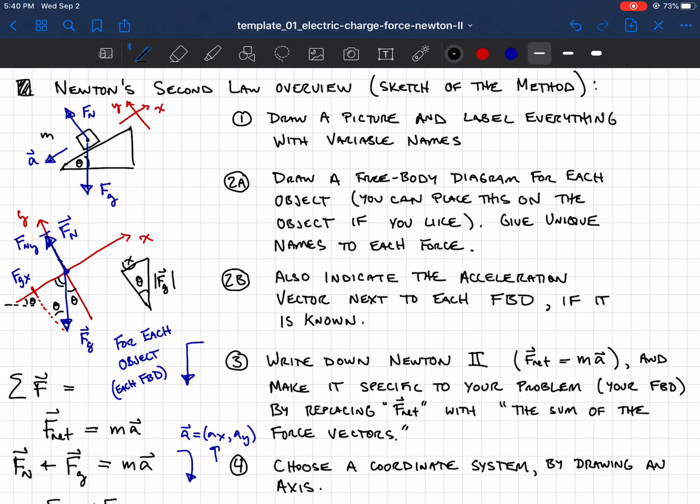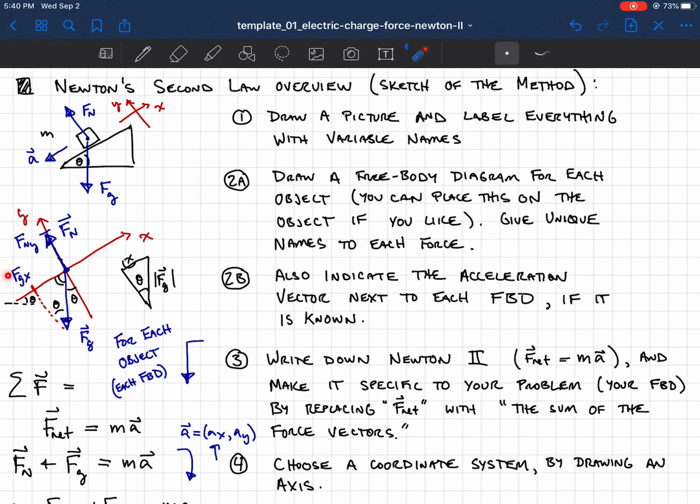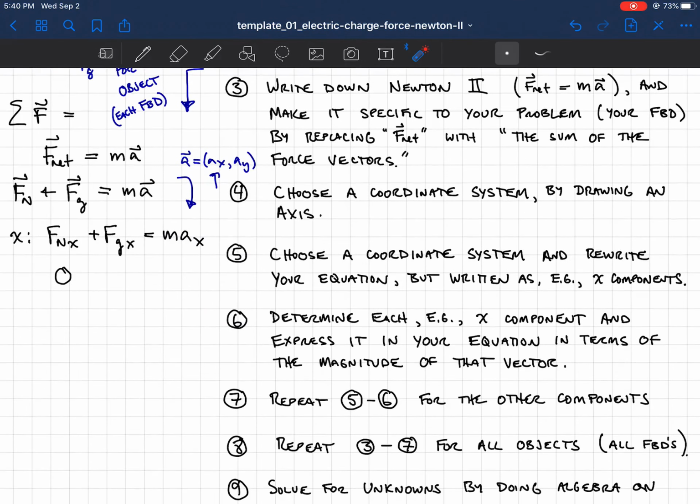So you can see that it is equal to Fg sine theta. But I have to be careful, Fgx is this number here, and this number is a negative number on the x-axis. So I replace Fgx with minus Fg sine theta.